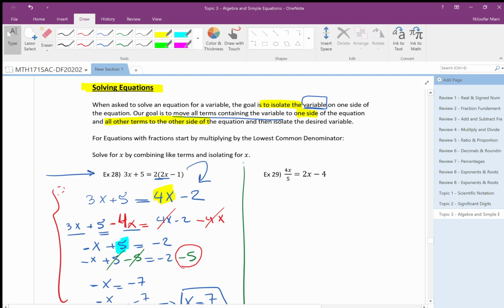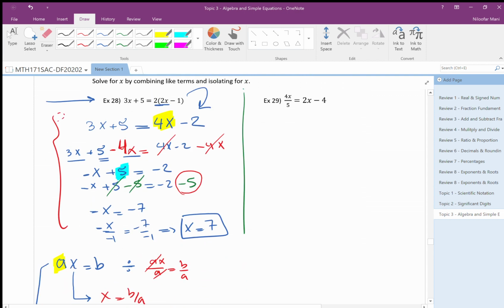First, I simplify each side: if I have to distribute, if I have to use BEDMAS, I do it. Then whatever has x goes to one side, whatever doesn't goes to the other side. If I move, I change the sign. If I don't move, I don't change the sign. And when I reach ax equal b, I say x equals b over a: the right side divided by the number beside x.